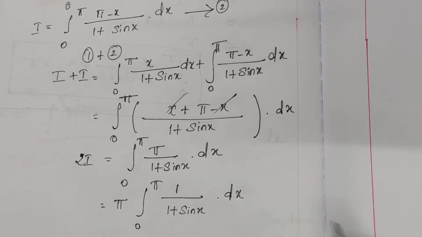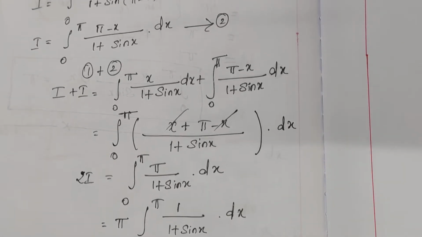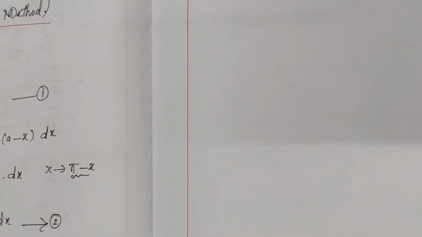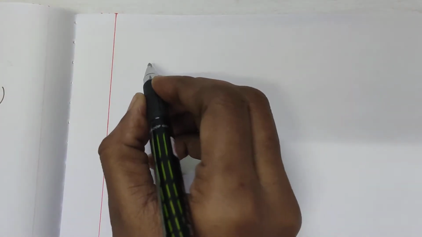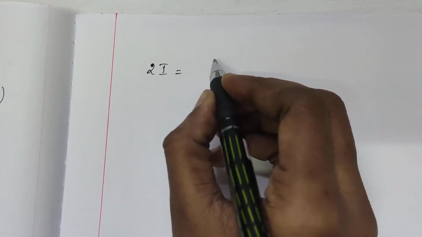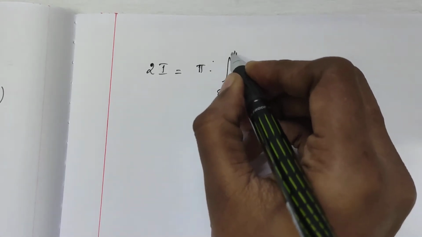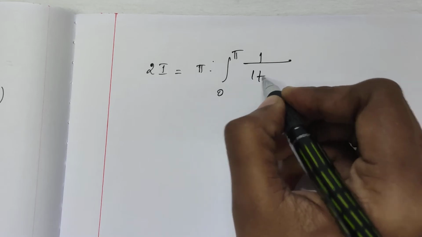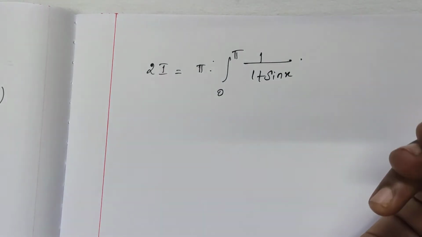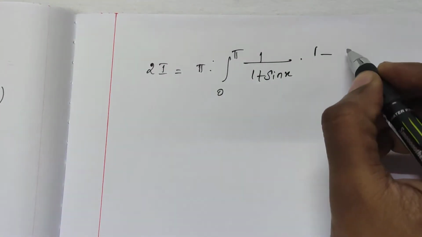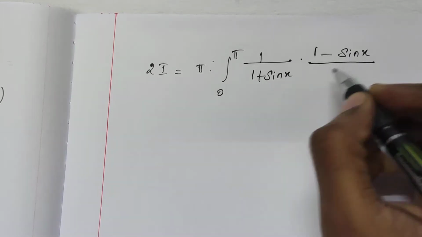Multiply numerator and denominator with 1 minus sin x.